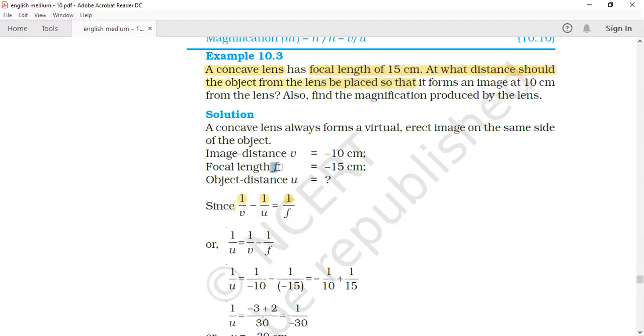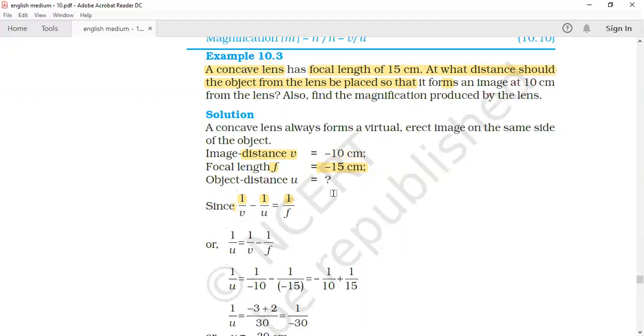So we have a focal length f of 15 centimeter, but we consider minus. At what distance should the object from the lens be placed so that it forms an image at 10 centimeter from the lens? So here we have value of image v is equal to minus 10 centimeter. So find the magnification also.